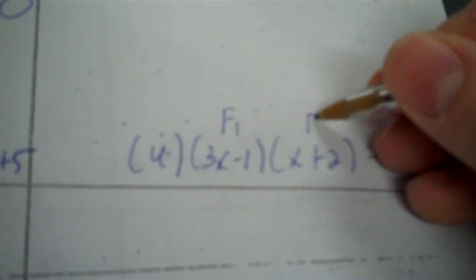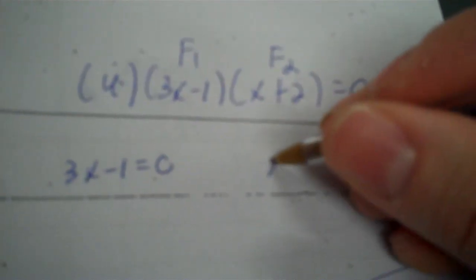Alright, you can take the 1 off the x, you have to keep the 3 in front of that x. So 3x minus 1, x plus 2. Now, the 4 doesn't have an x, so I don't need that to solve. The x's come from where we have the x variables that we're trying to solve for. So 3x minus 1 equals 0, x plus 2 equals 0.